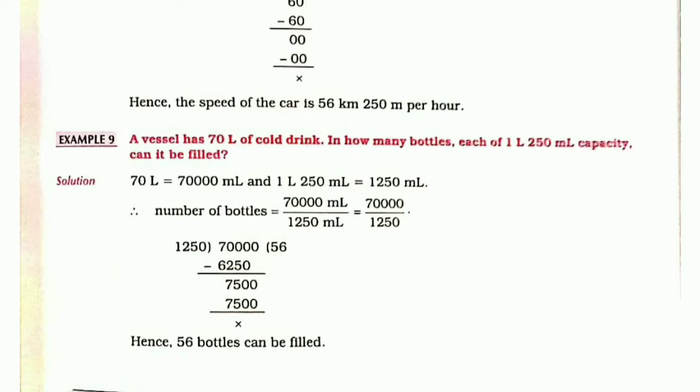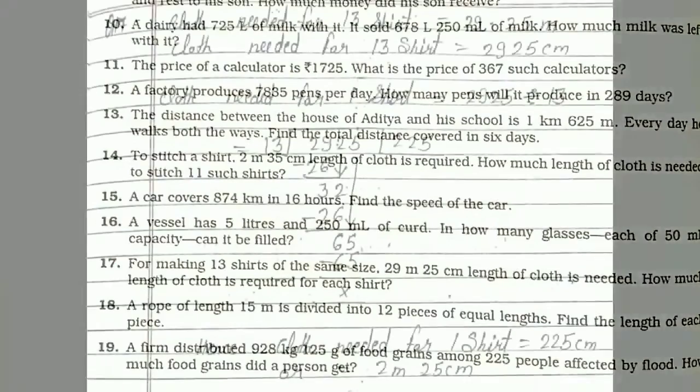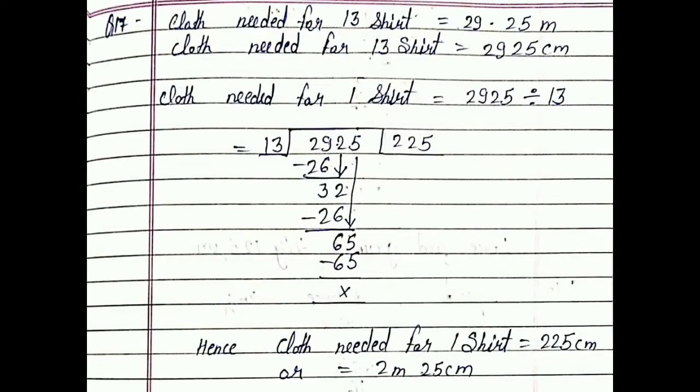Now we will see the questions which are given in the exercise. Question number 17 is saying, for making 13 shirts of the same size, 29 meter 25 centimeter length of cloth is needed. How much length of cloth is required for each shirt? Here we will write, cloth needed for 13 shirts is 29 meter and 25 centimeter.